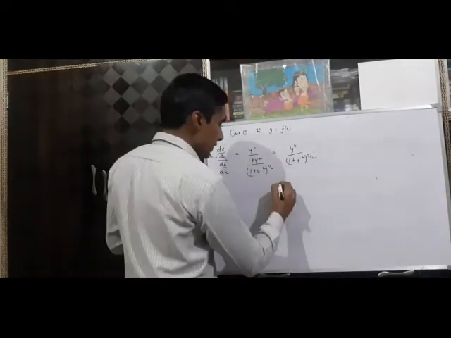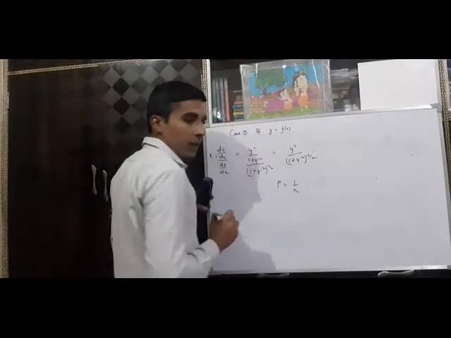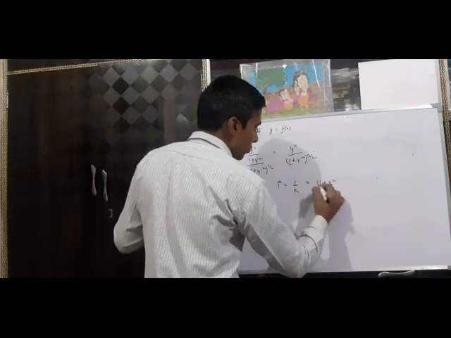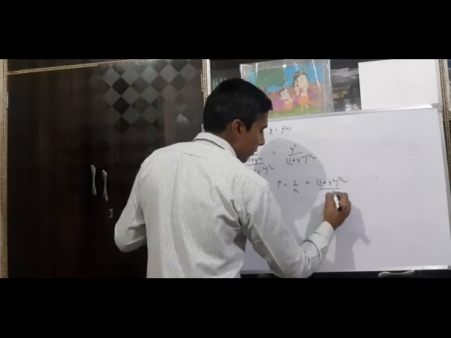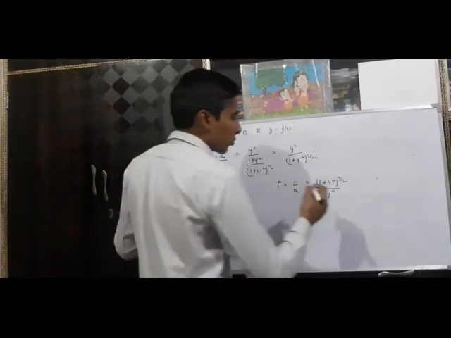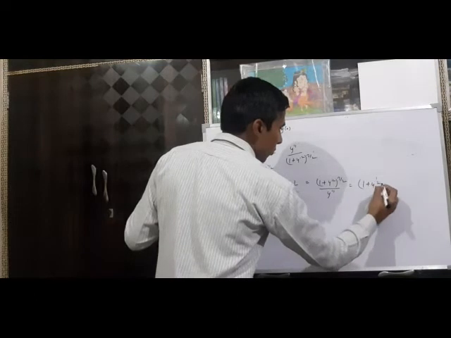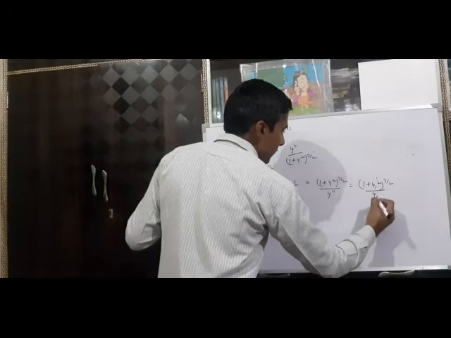So the radius of curvature, which is rho, is 1 upon kappa, and this will be 1 plus y prime square to the power 3 by 2 upon y double prime, or in some books it is written as 1 plus y1 square to the power 3 by 2 upon y2.